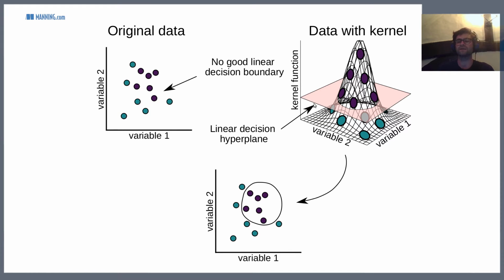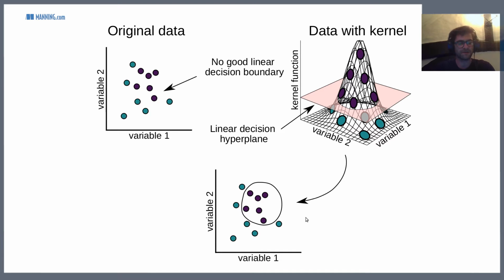And if we were kind of to project where this hyperplane cuts across this kernel function and project that back onto the original feature space, you can see now that by learning a linear hyperplane, the algorithm is actually able to learn a complex curved decision boundary and is able to separate these two classes.